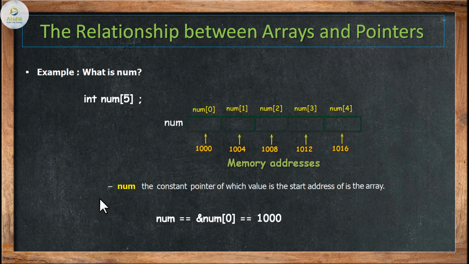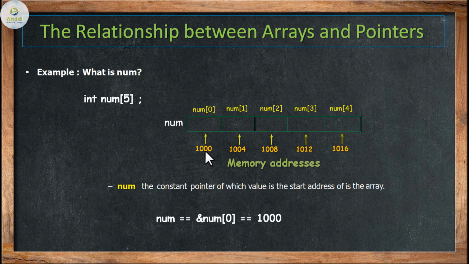Now, talking about the relationship, when a program begins with the array concept in C++, there will be an implicit pointer created. Implicit means automatically a pointer will be created which will point to the very first address of the array.